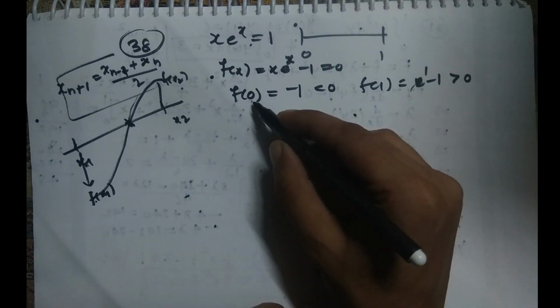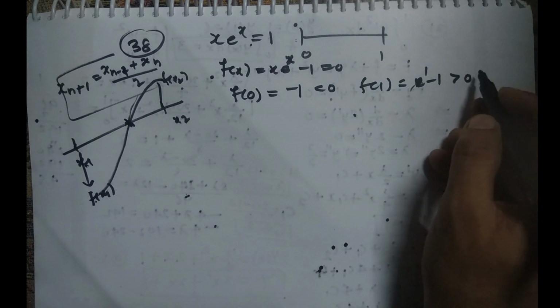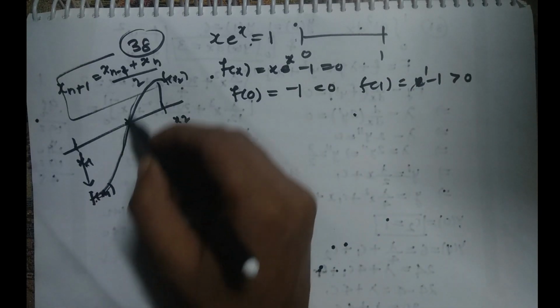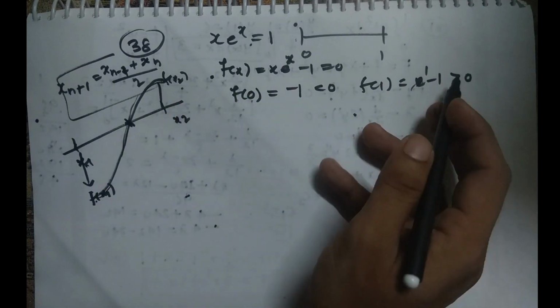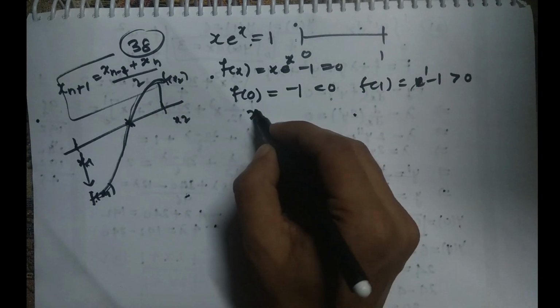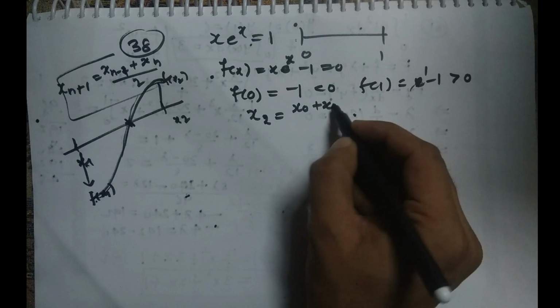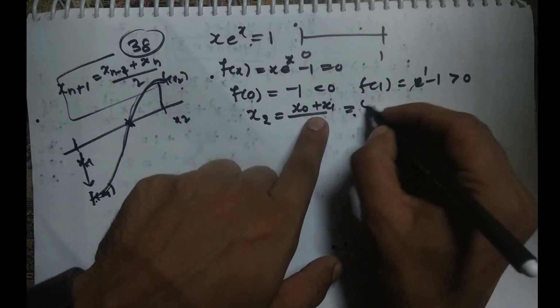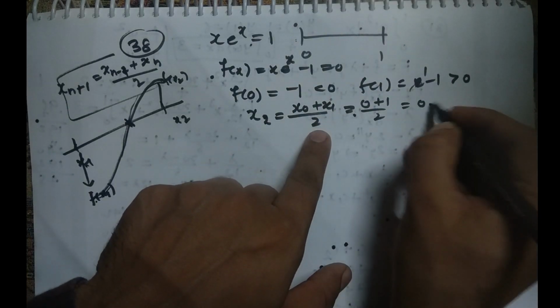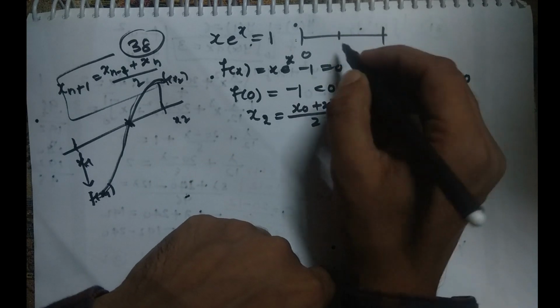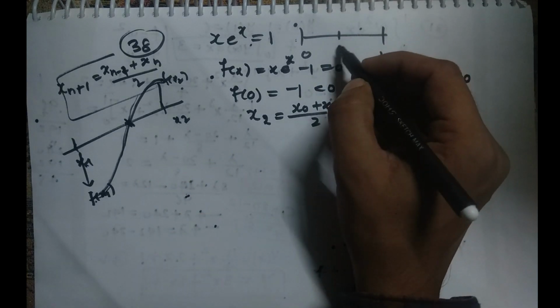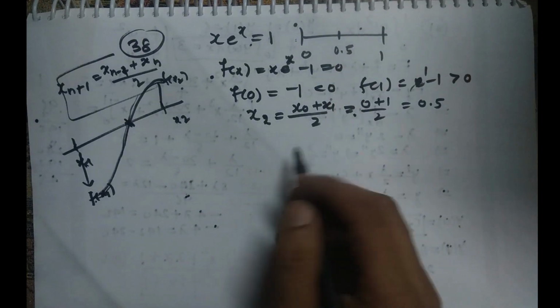For 0 I'm getting a negative value, and for 1 I'm getting a positive value. Means what? There exists at least one root between 0 and 1. By the bisection method, our x2 becomes (x0 + x1)/2, means (0 + 1)/2, which is equal to 0.5. Means there must be a root which is approximated by 0.5.